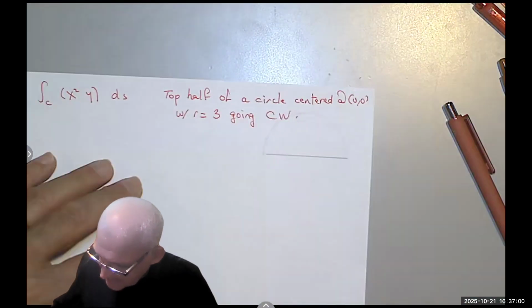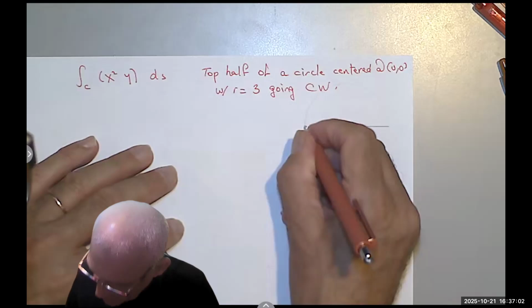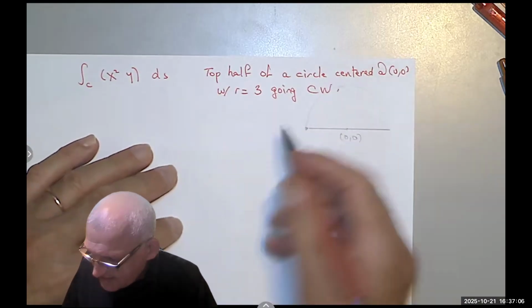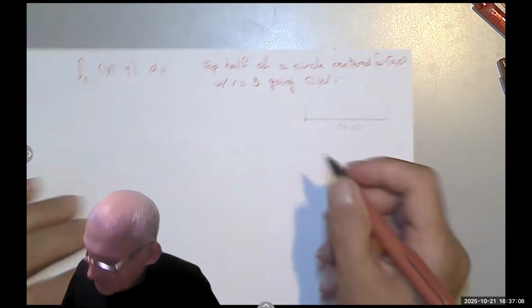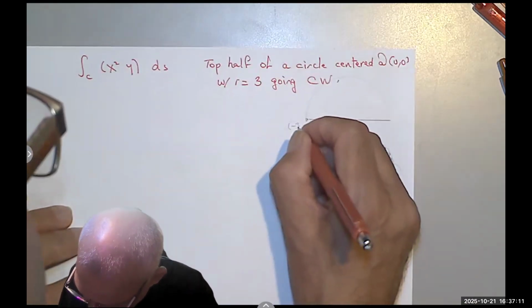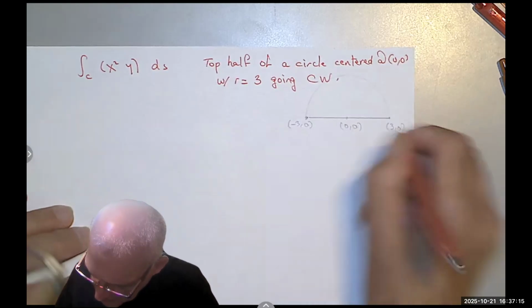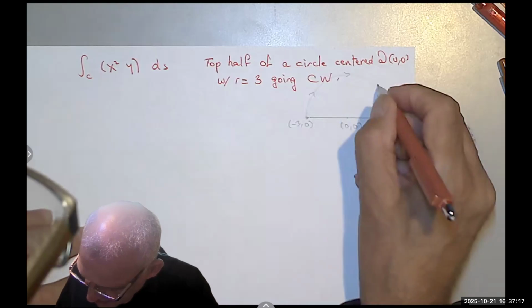So your line starts here. This is the origin. Since the radius is 3, this point is -3 and 0, and this point is 3 and 0. And you are going in that direction.